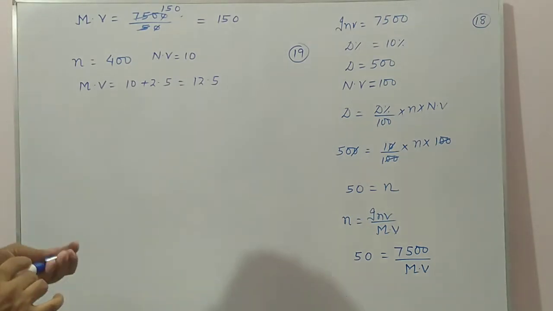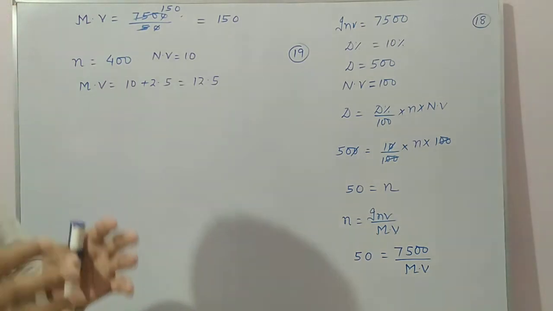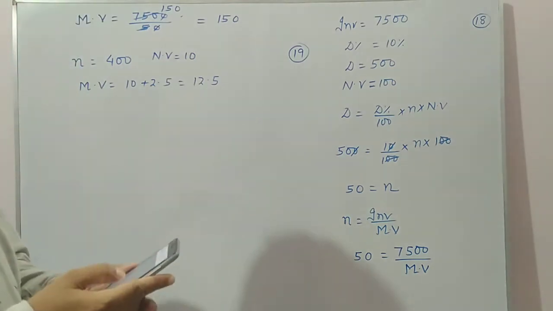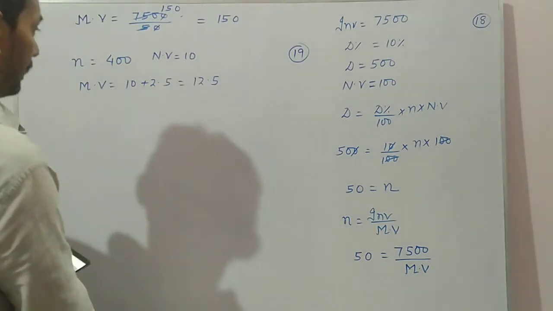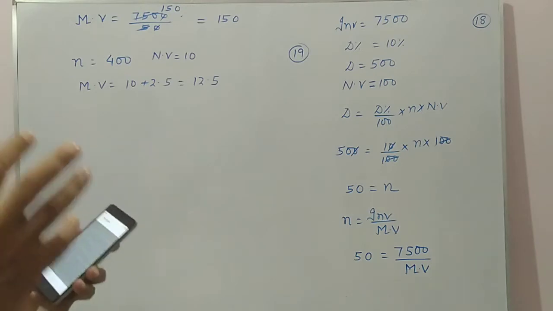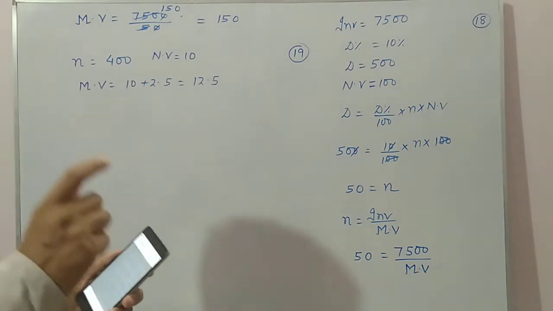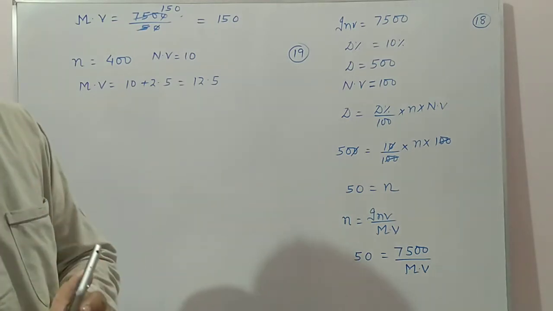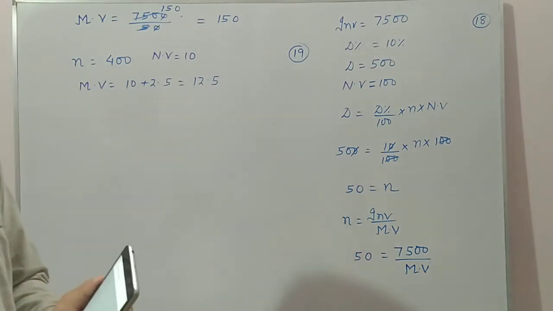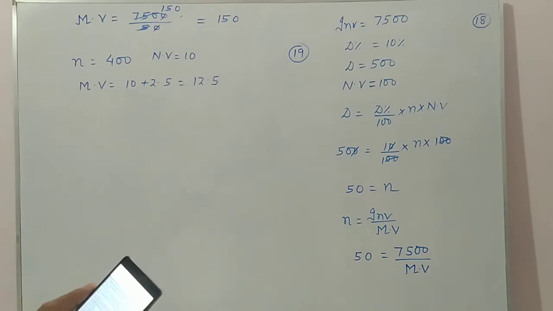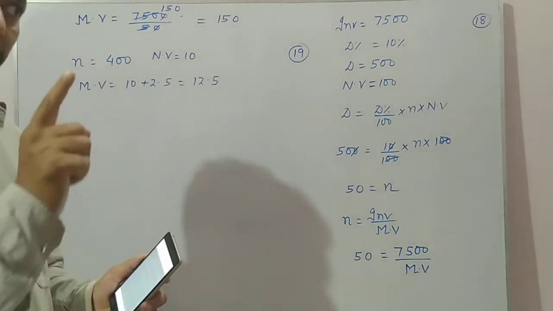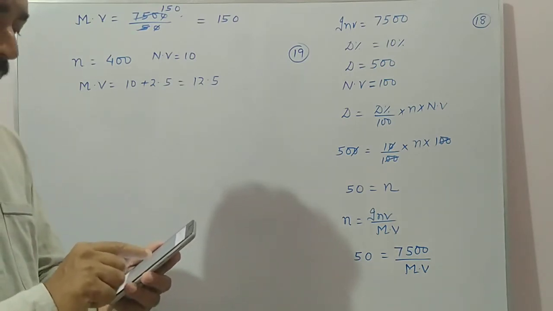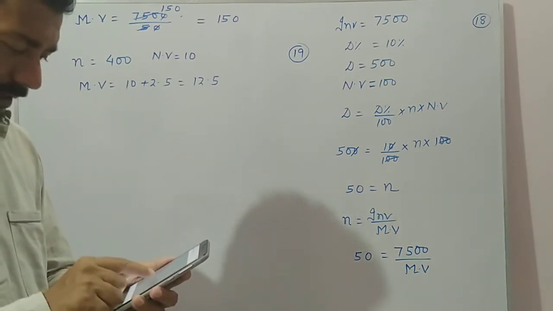So here a man buys 400 shares of nominal value 10 rupees at a premium of rupees 2.5. Once more I am telling, the statement says a man buys 400 shares of nominal value 10 at a premium of rupees 2.5.